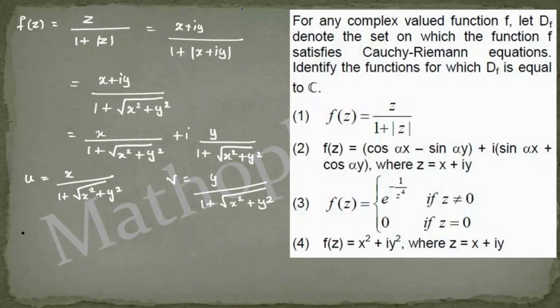So இதை first ux find பண்ணா we'll get square root of x square plus y square plus y square by 1 plus square root of x square plus y square whole square into square root of x square plus y square.